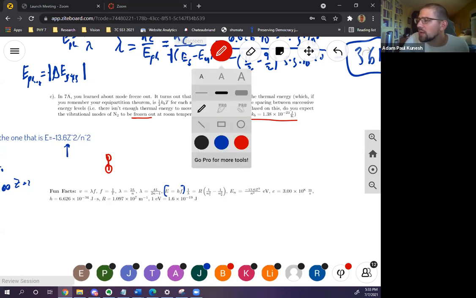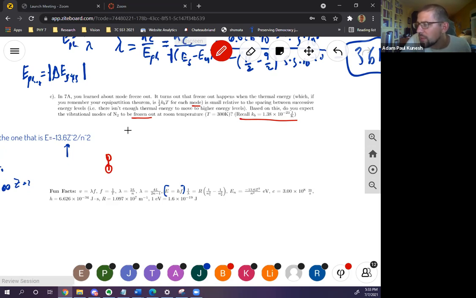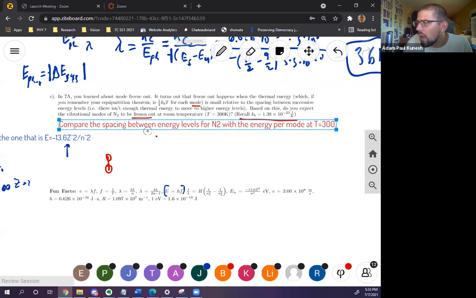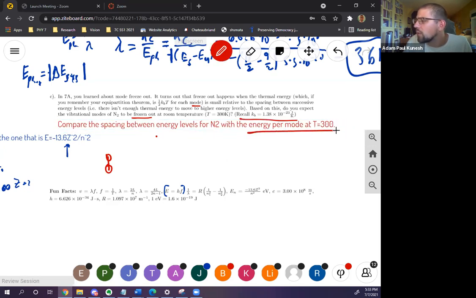So what I'm going to do is compare the spacing between energy levels for N2 with the energy per mode at T equals 300. The energy per mode at T equals 300 is how much energy could be allocated to vibrating.